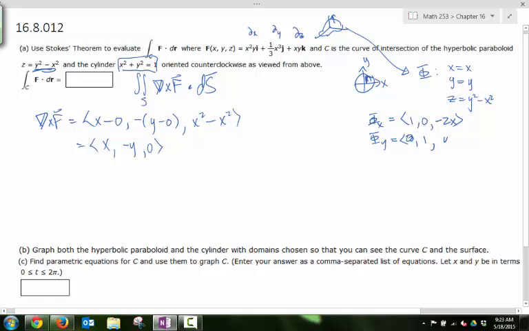When we cross these, we're going to reveal our orientation.